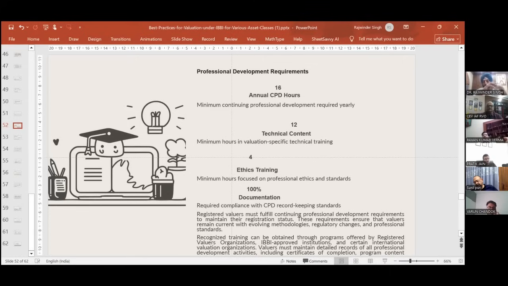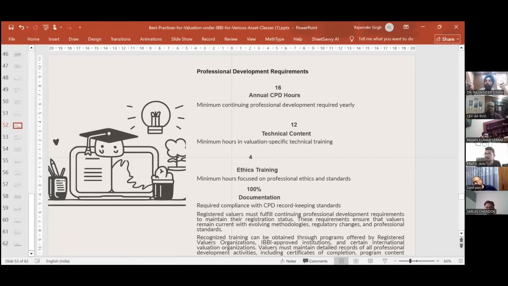So you have to maintain 100% documentation. You are required to comply with CPD record keeping standards. Registered valuers must fulfill continuing professional development requirements to maintain their registration status. These requirements ensure that valuers remain current with evolving methodologies, regulatory changes, and professional standards.